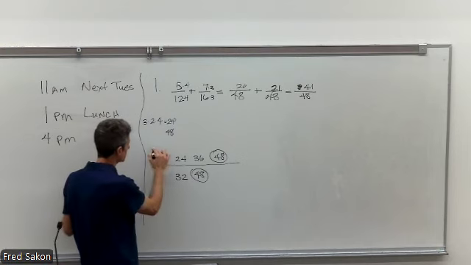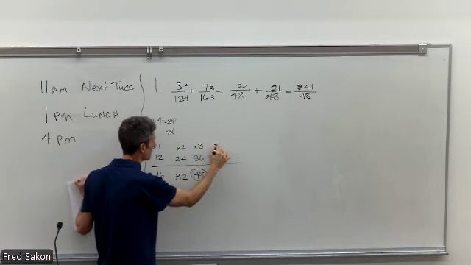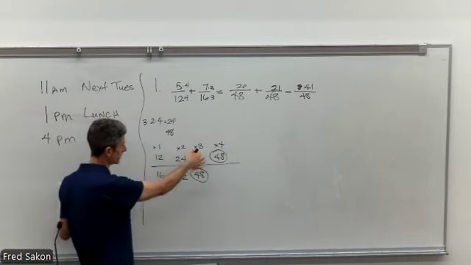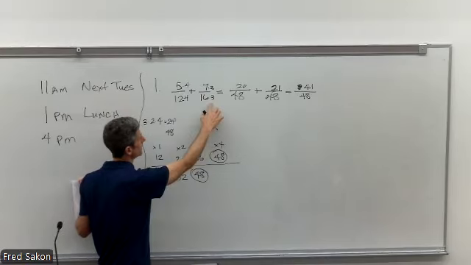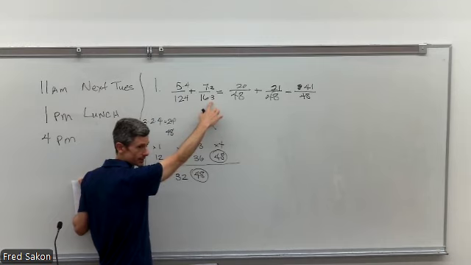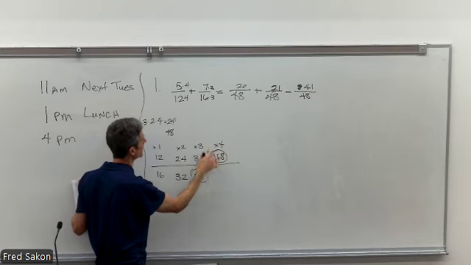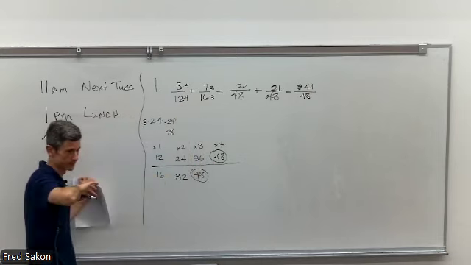And this was times 1, times 2, times 3, and 4. So that gives you your numbers as well. 3 times 16, that's why we use 3 times to scale this fraction. 4 times 12 is what gets us to 48. So that's why we use 4 to scale that fraction.